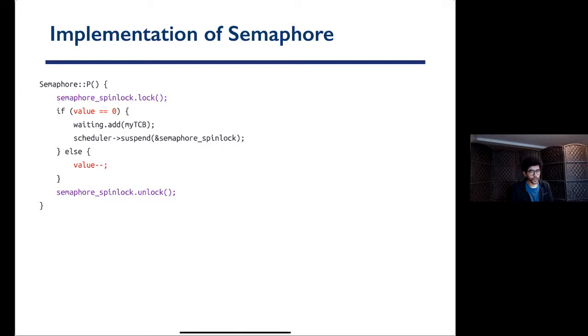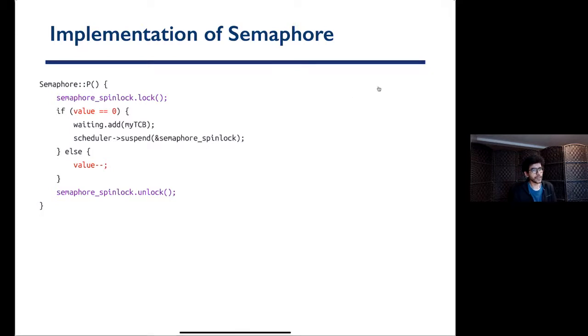So the way we're going to implement this is like our previous implementations. We're going to have this time the semaphore spin lock for our semaphore, which we're going to use to ensure mutual exclusion whenever we want to change the internal state of our semaphore.